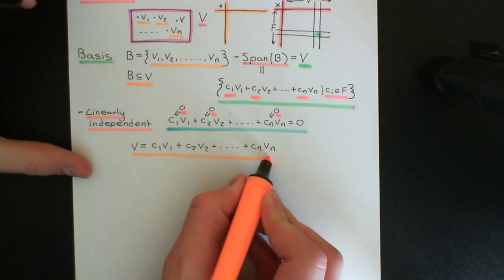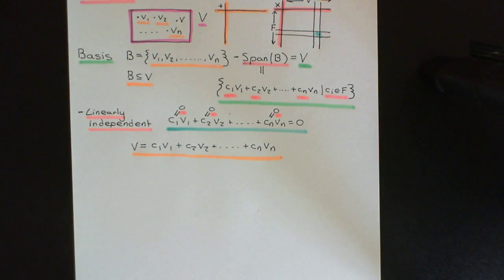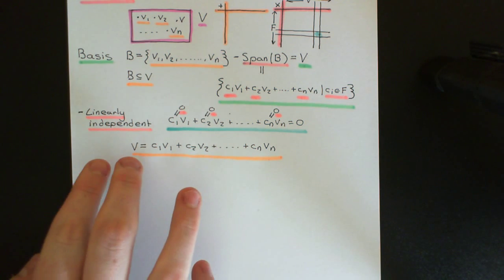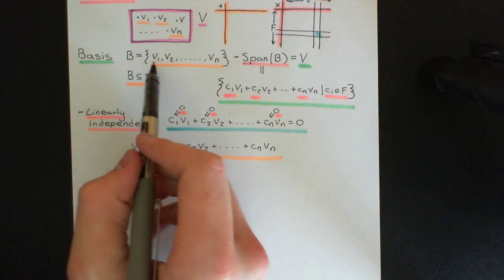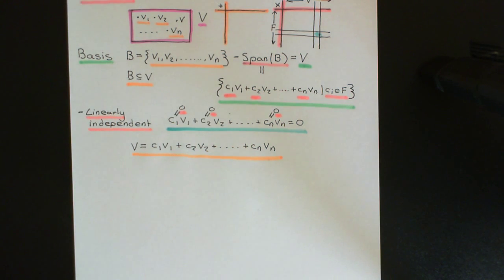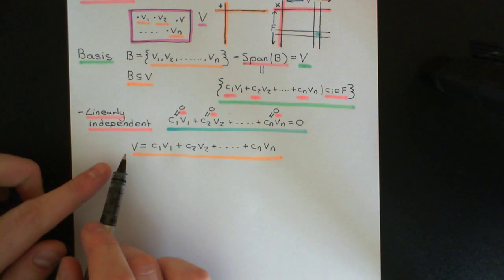Condition number 2, linear independence, tells us that it is unique. There is only one such linear combination of the vectors v1, v2, all the way up to vn, which gives v as the answer. So there is one and only one linear combination of these n vectors in the basis of the vector space which gives you the vector v.